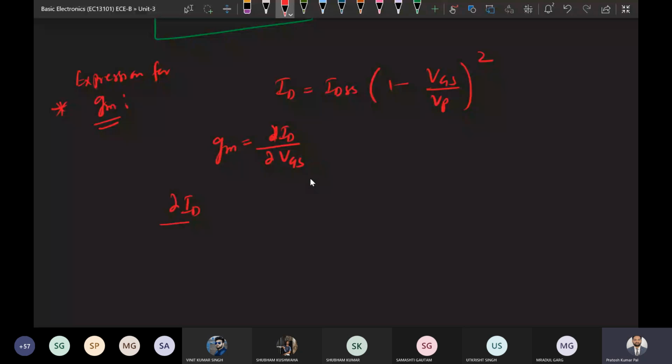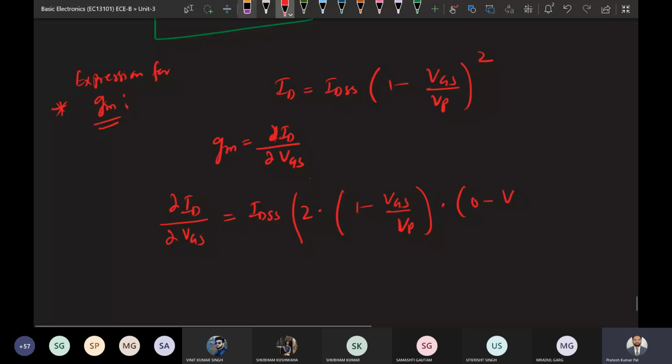Del ID by del VGS is given by IDSS times 2 times (1 minus VGS by VP), and then the differentiation of the bracket gives 0 minus 1 by VP.